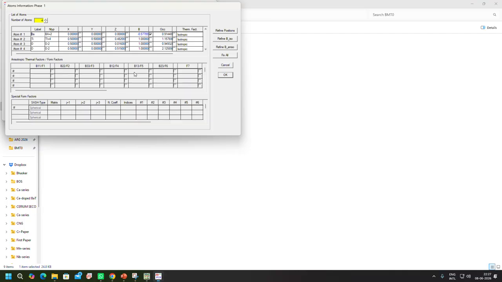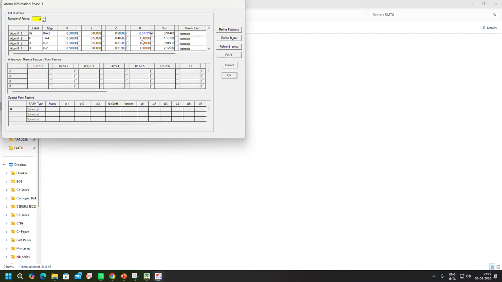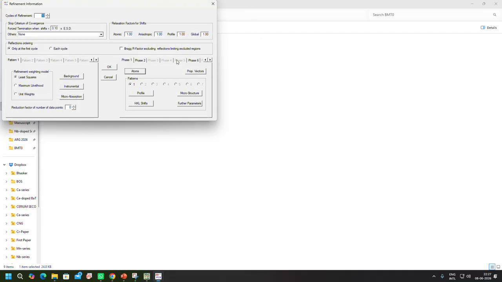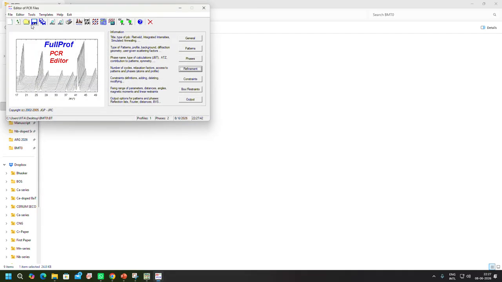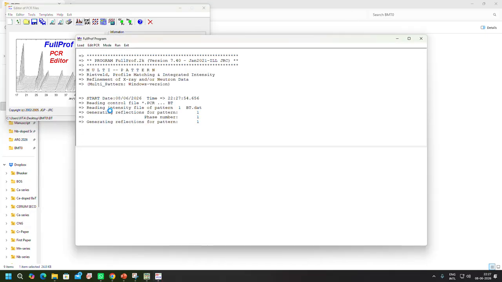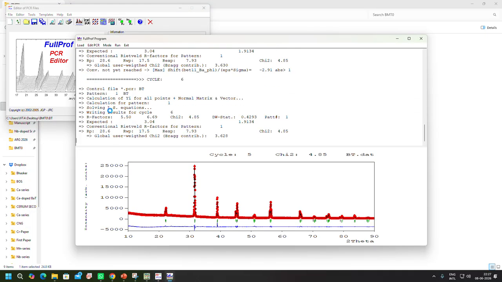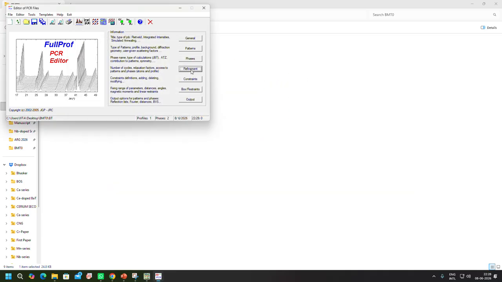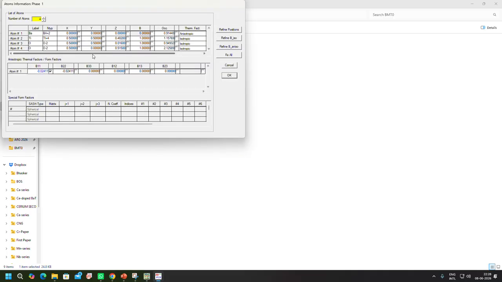As for the barium treatment, if you get a negative value, then you refine using anisotropy. Okay. So one by one you refine these parameters.